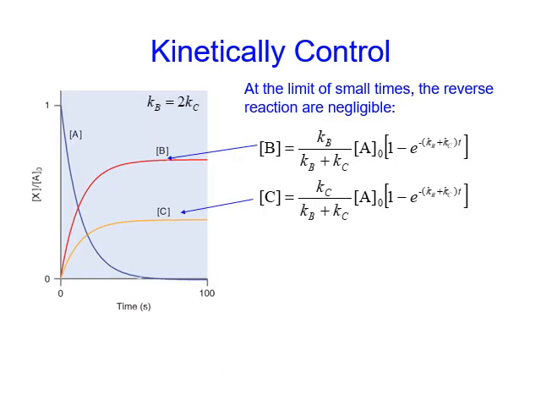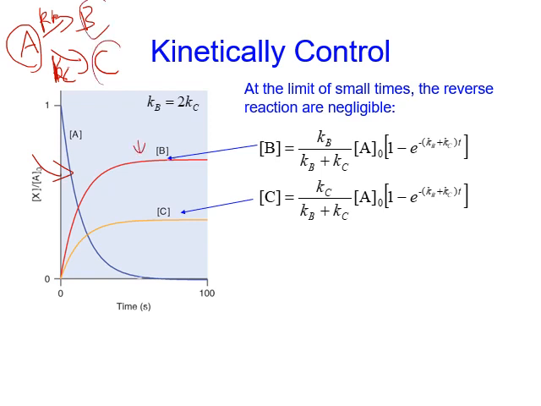Here shows the integral rate law for a parallel reaction. A goes to B and also goes to C with rate constants Kb and Kc. If we plot them as a function of time, we can see the reactant A always decreases with time. It's consumed. And B and C are increasing with time. If we divide the concentration of B by C, all these terms cancel, and what is left is just the rate constant Kb divided by Kc.